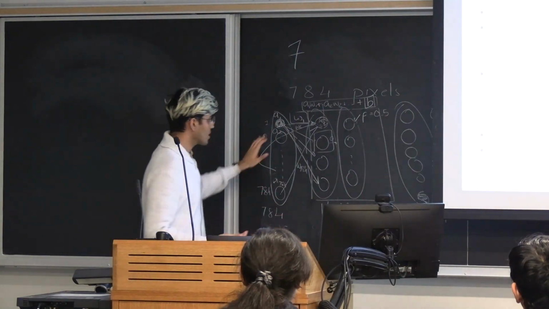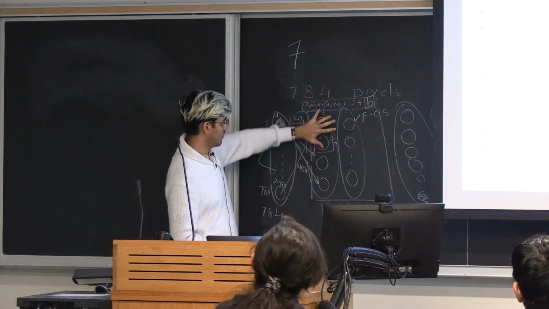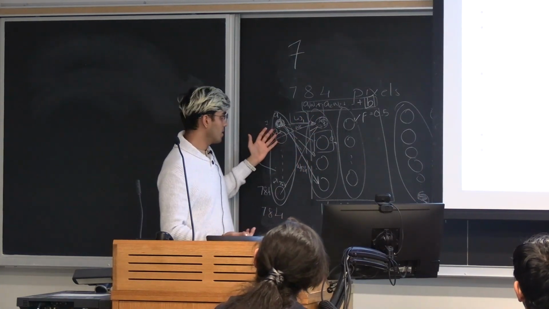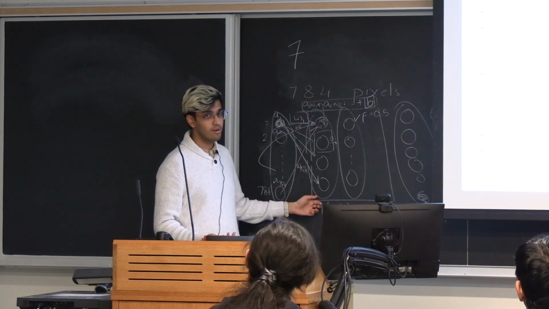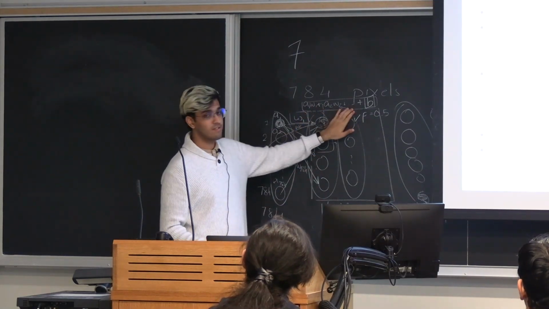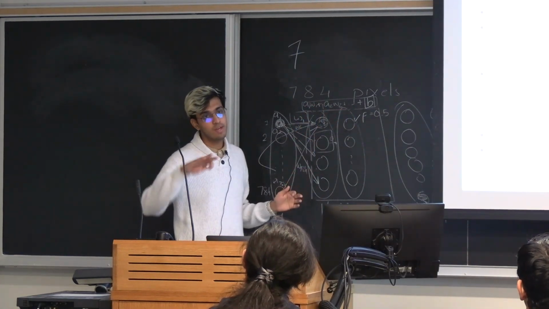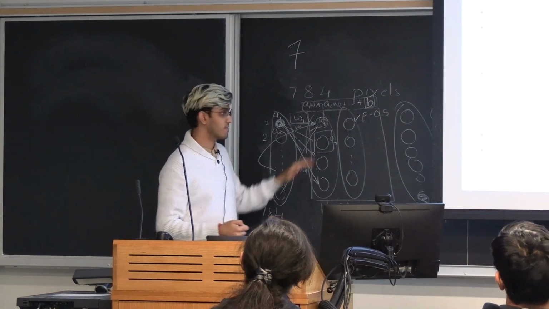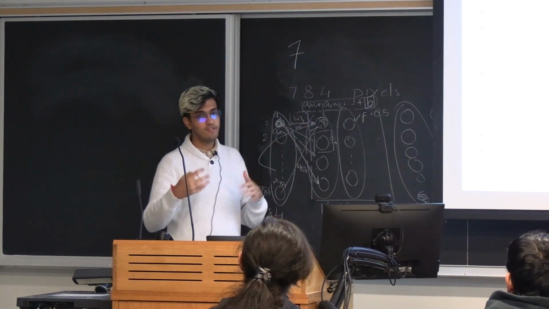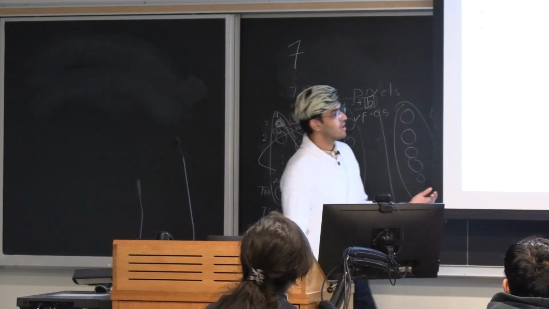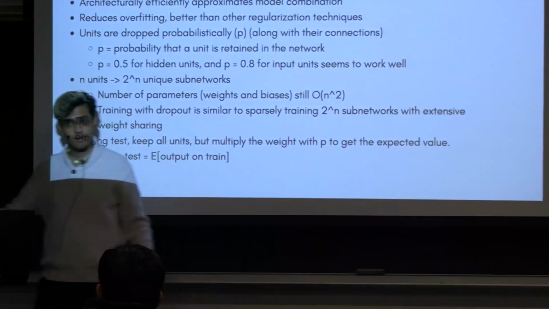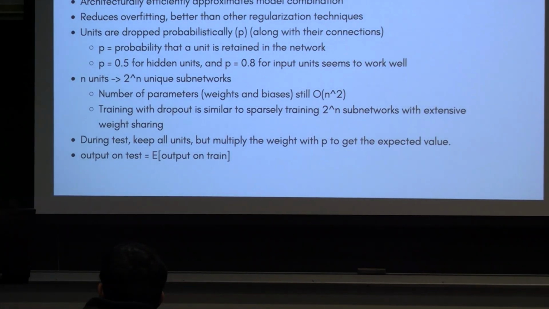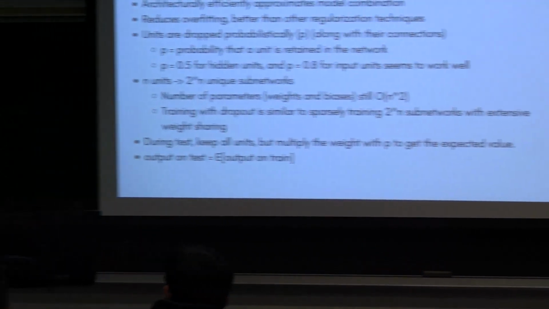So during training, on average, you only see 2 out of 4, for example, right? But during testing, I see all 4. So now when I do the weighted sum, this weighted sum on average will be twice the weighted sum during training. So just to account for that, we multiply the weighted sum with P, right? In our case, it was 0.5. So it's just to balance the quote-unquote lack of units being dropped, right?